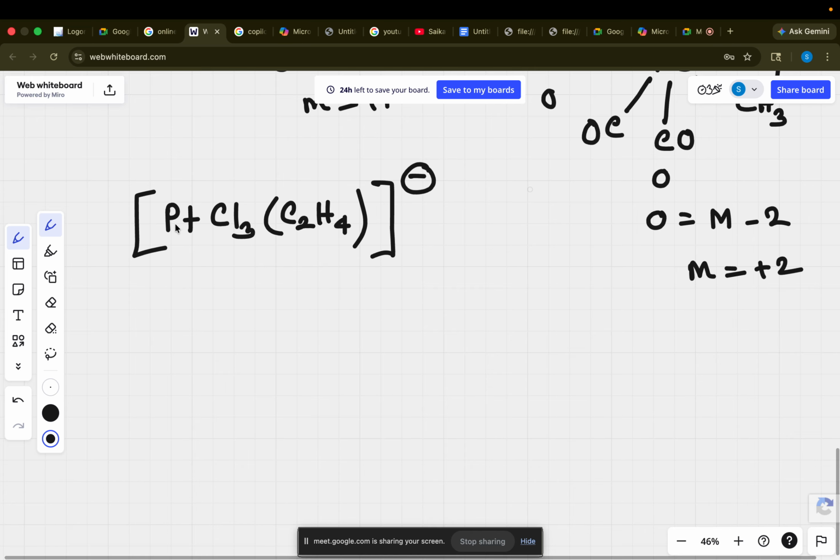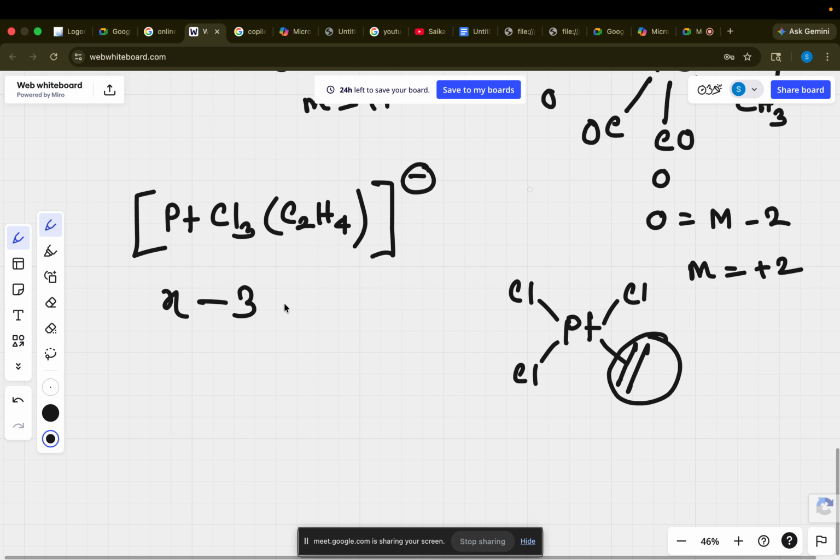So platinum you can consider as X. Chlorine, what will you get? For chlorine you will get minus 1. So you have 3 chlorine, that means minus 3. Ethylene, I have shown you the structure. Basically it's a square planar compound. The double bond is donating the electrons like this, right? So that's why the double bond here we will consider as a neutral ligand.